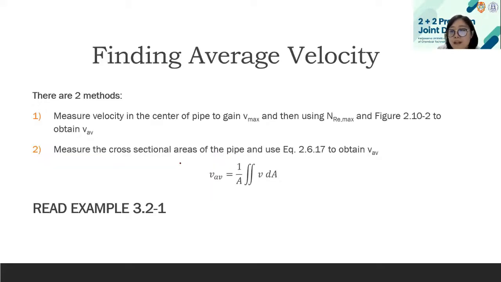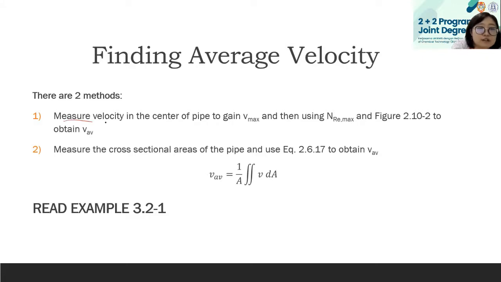Now, as I previously mentioned, the pitot tube can only be used to measure the velocity at a certain point, but not the average velocity. How to calculate the average velocity then? Many use these two methods.